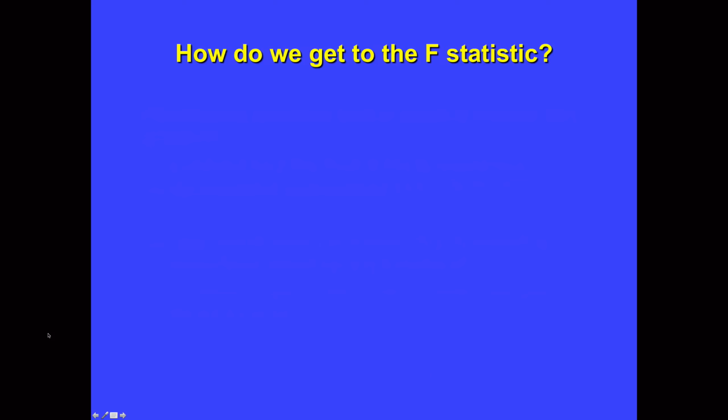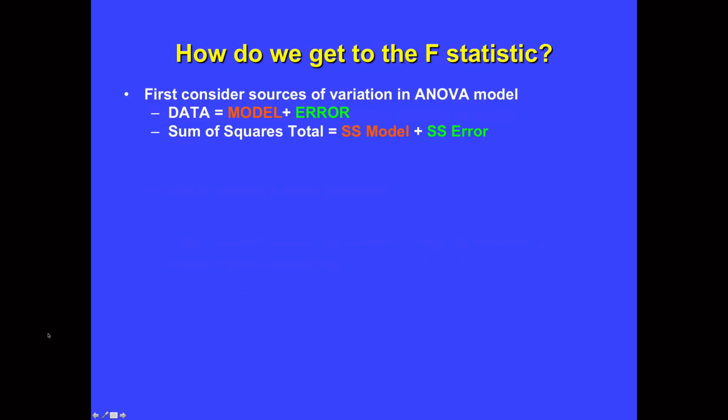And based on that notion, let's talk a little bit about how the model works and how we actually get to the F statistic. So first, again, we consider our sources of variation in an ANOVA model. And the basic setup is that you have some variation in the data that's explained by your model, however the model is set up, plus some residual error.